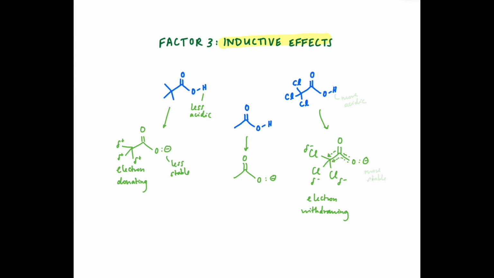And so they're distributing that electron density throughout the structure, and this makes it more stable. And so, again, this proton will be more acidic. So that's an example of inductive effects.